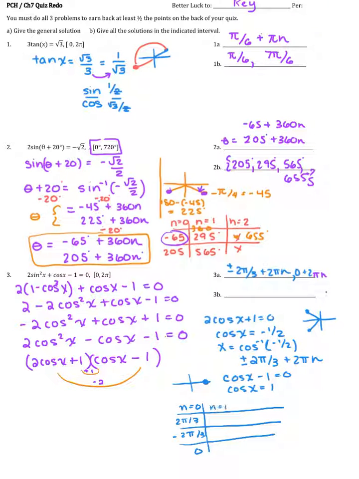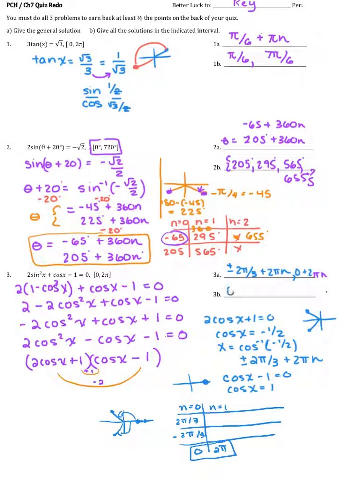Hopefully you realize if it's 0 plus every 2 pi n, and we're giving an answer from 0 to 2 pi, those will be your two answers. 2 pi over 3 is really going to be the only answer. I actually personally like to do the little math thing. So you have the plus 2 pi over 3, you have the minus 2 pi over 3, and you have this and 2 pi. So those are your only answers.